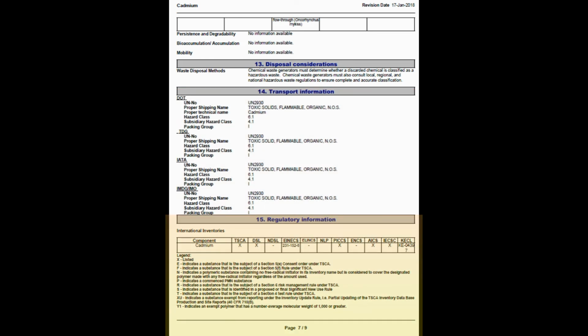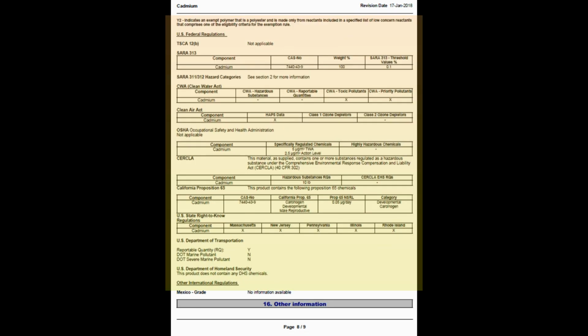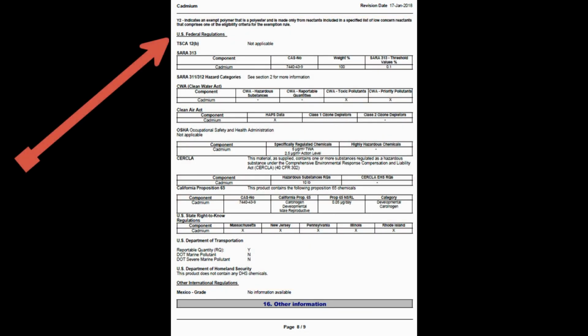Regulatory information. This is where we get into who regulates what, how they have any kind of say-so, what section falls under what, and so on and so forth. Who regulates it? Again, this is international. We're not looking at this because I am not training anybody with this video to transport it or move it or deal with anything other than 1926 construction standards. Continuing in the regulations, if you look down here, you'll see U.S. federal regulations, and this is where things may apply.